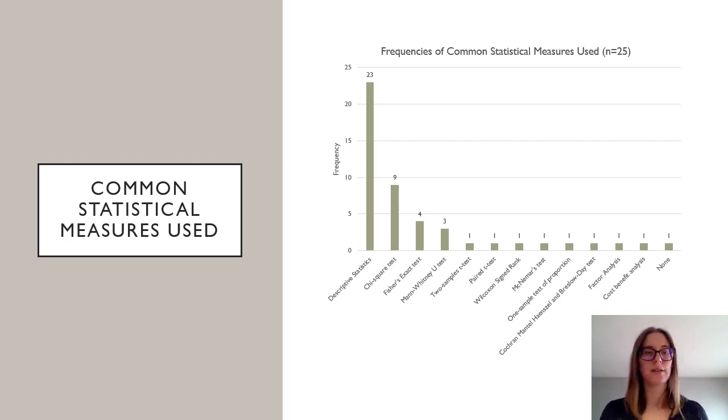So that just tells us likely that those are the tests we need to focus on, maybe making sure that students understand. And it makes sense because I think a lot of the data that nursing students work with is qualitative in nature, so that makes sense.